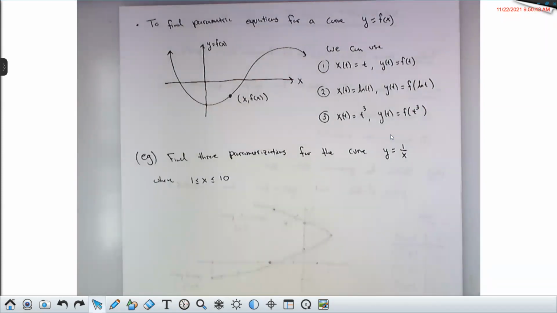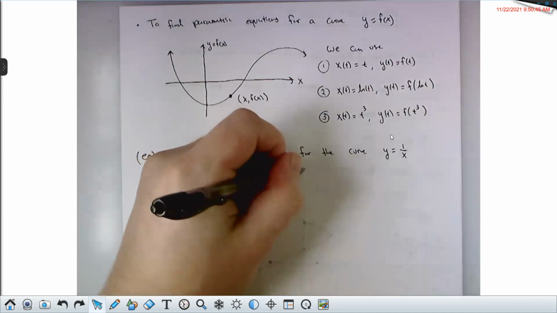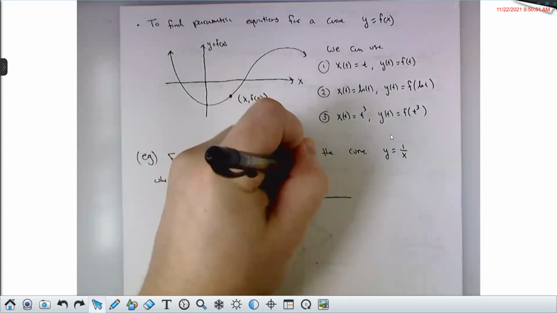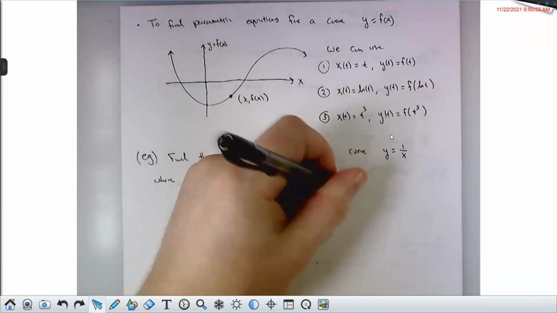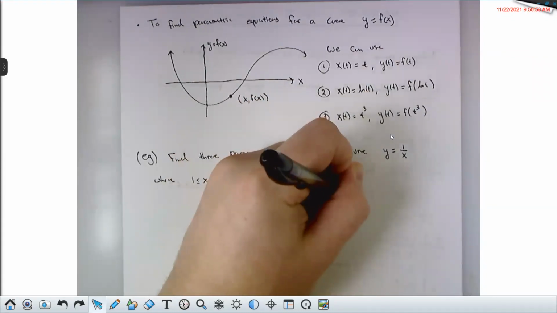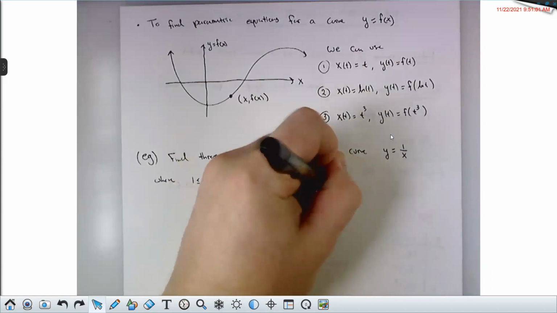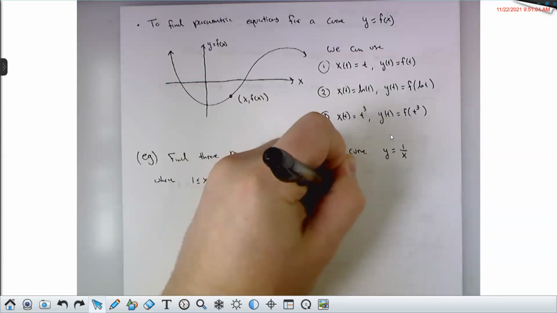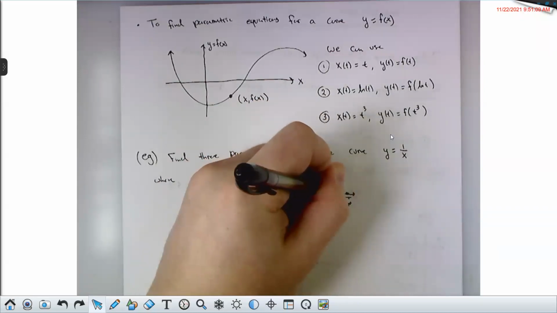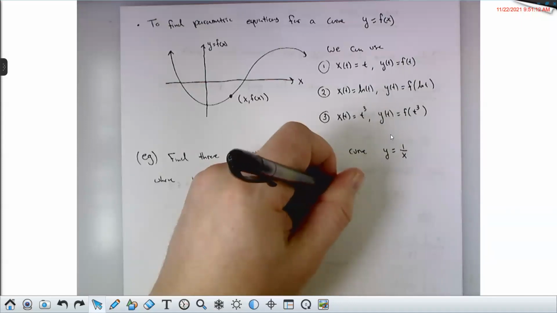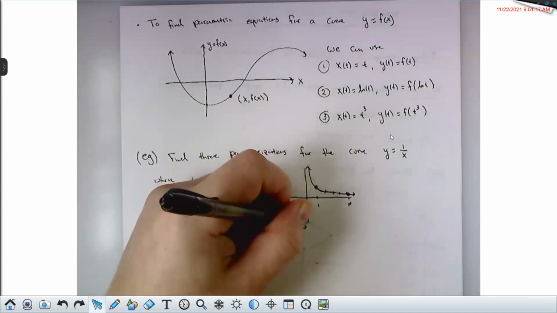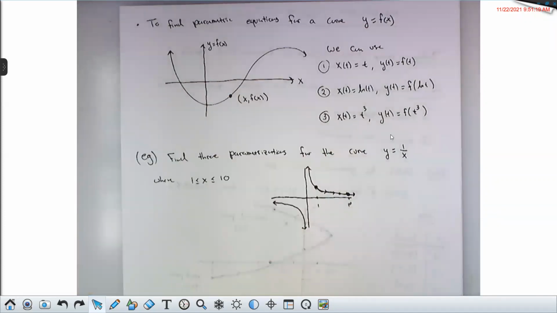So I'm wanting to parametrize, or find parametric equations for, not all of 1 over x, just this part from 1 to 10. And let's orient it in this way. And of course, 1 over x has pieces over here as well. This is what I'm looking for. It's just this portion here.